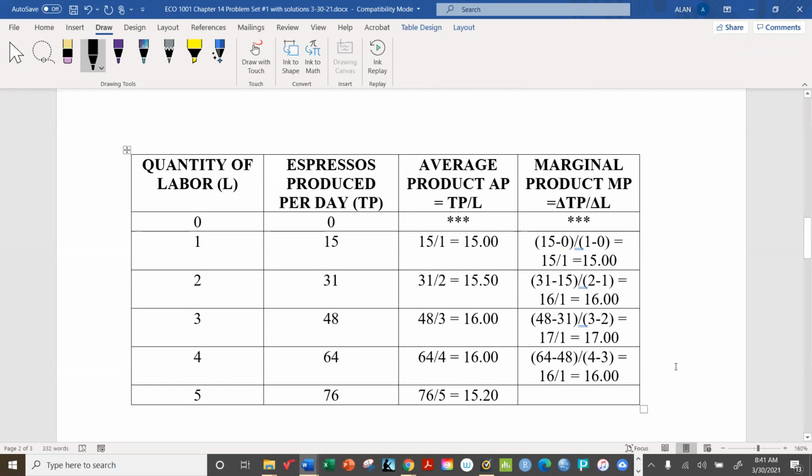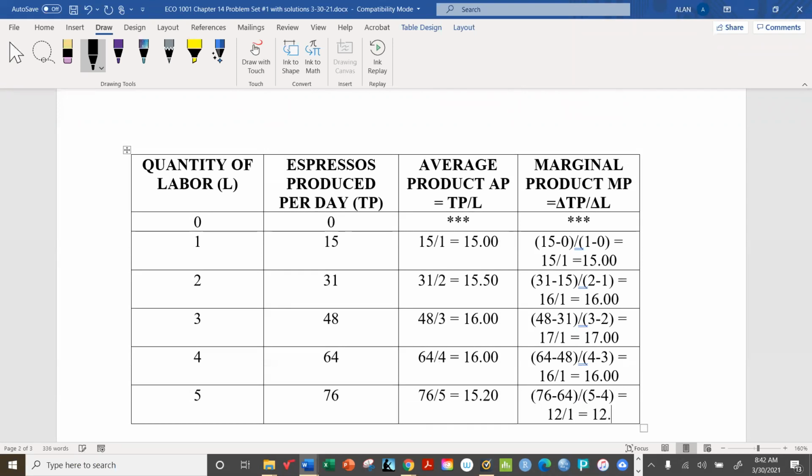You can see, yes, it's starting to dip down now. And then finally, we have 76 minus 64 over 5 minus 4, which is 12 over 1, which is 12.